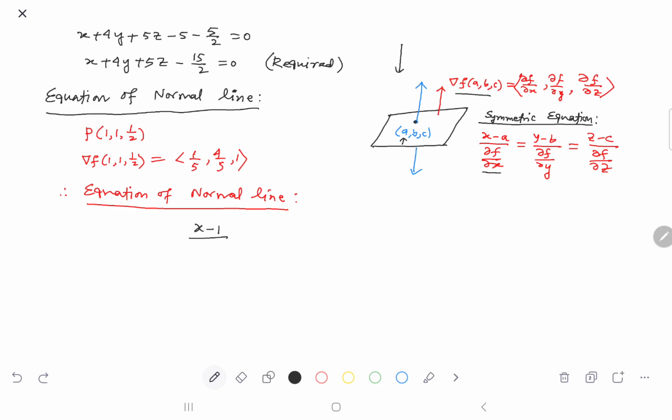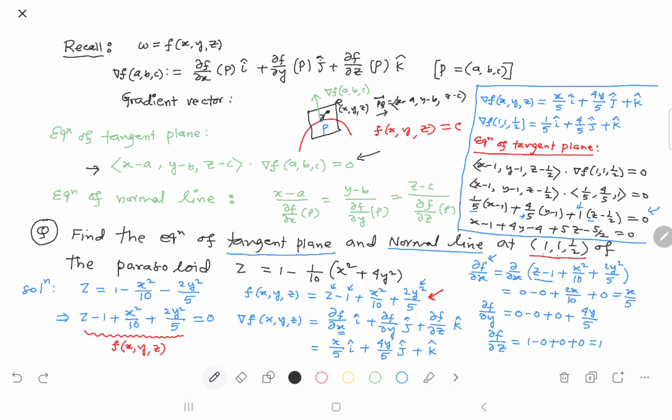Look at this. You have the point here, 1 comma 1 comma 1/2, and the gradient vector is this: 1/5, 4/5 and 1. Again, this we calculate from here. We had the function already, yes, we did it already here.